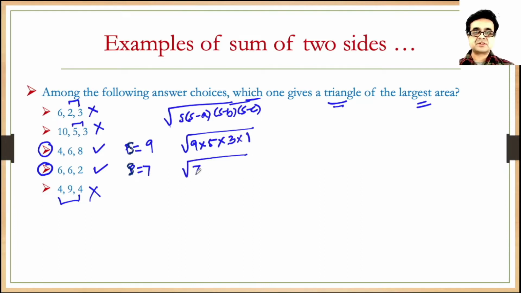Similarly, for the other one, this looks like 7 multiplied by 7 minus 6, which is 1, multiplied by 7 minus 6, which is 1, multiplied by 7 minus 2, which is 5. As you can obviously see, without any more calculation, the first area will be larger than the second. So the answer to this question would be choice C.